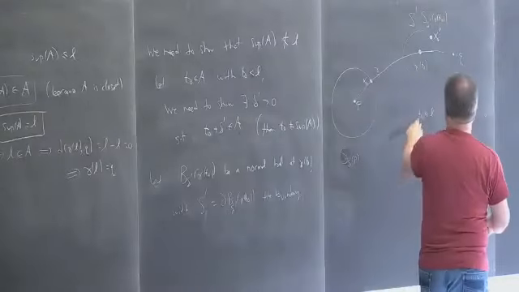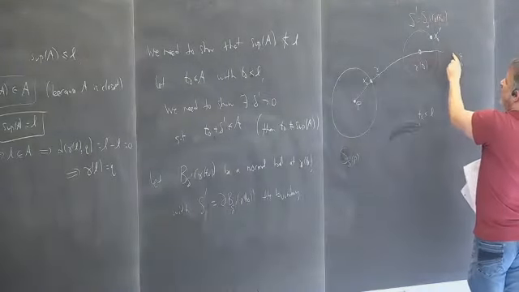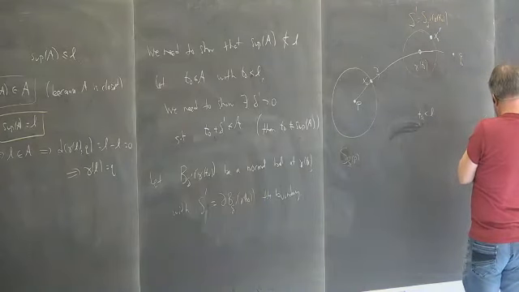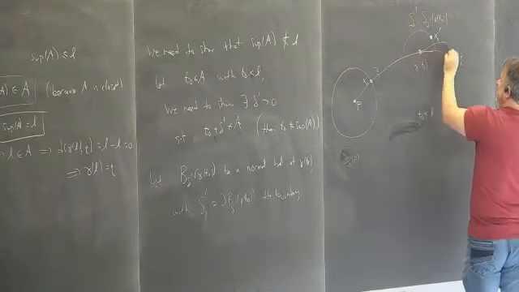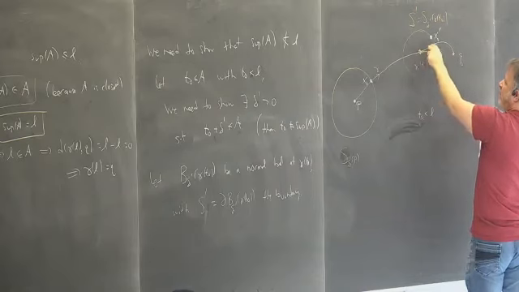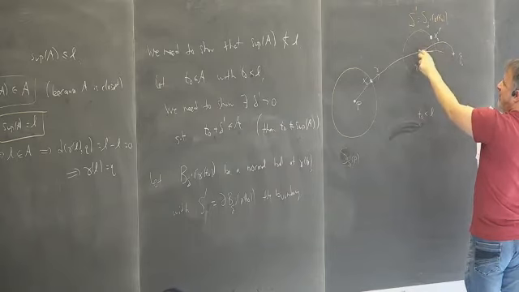If I go back to the picture, we're saying that if you look at any curve between these two points, then this curve has length at least delta prime, because we know that the distance from a point on the geodesic sphere to the center is delta prime.